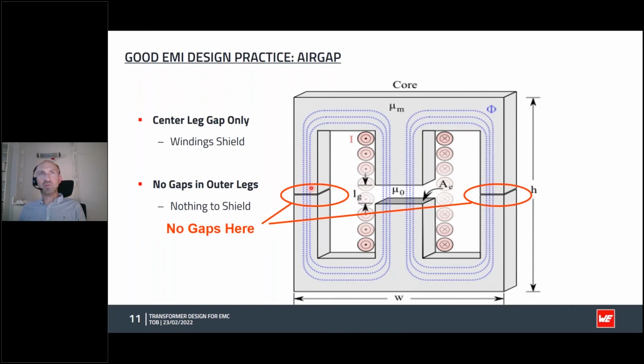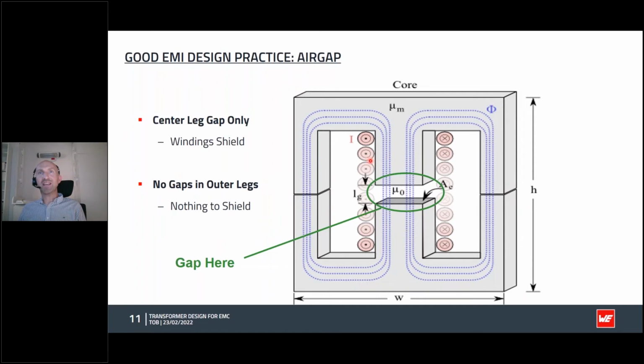So naturally we do have a very, very thin air gap. We have 2 separate core halves and they have to be joined together. So there will be, by nature, a very, very thin air gap here. But because it's so small, we can almost neglect it for its impact on the EMC. Instead, we do our air gap, our main air gap, only on the center post.